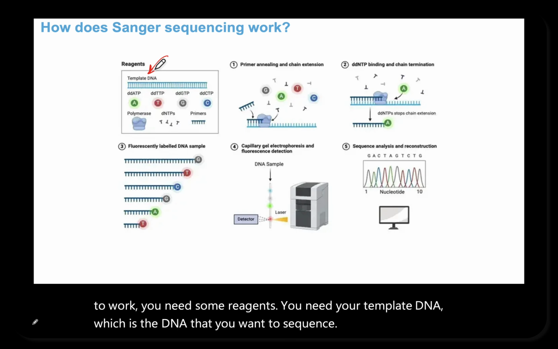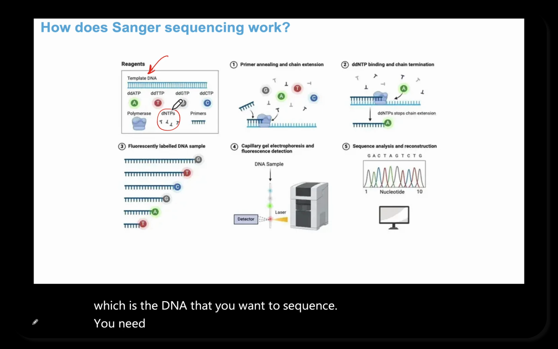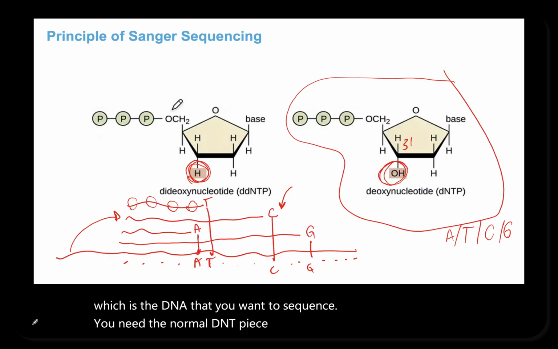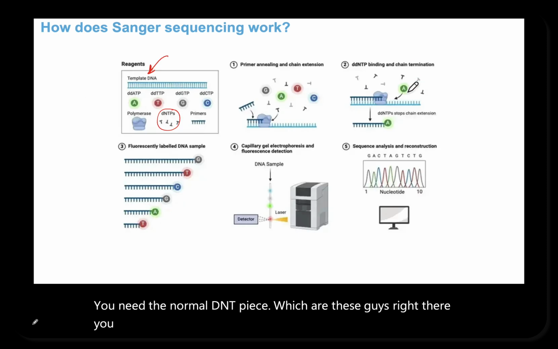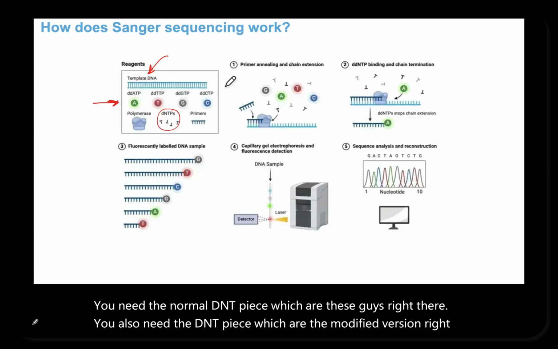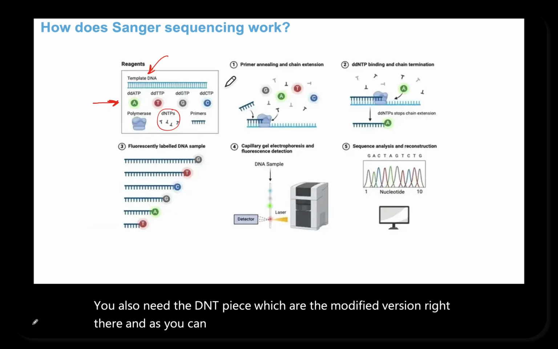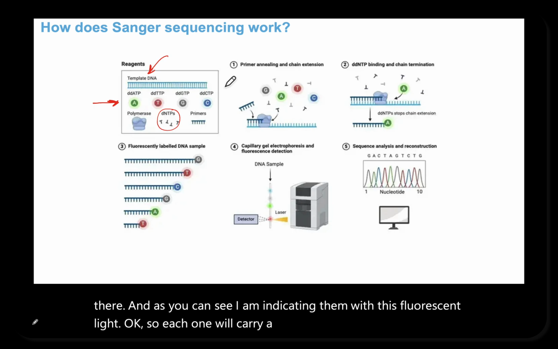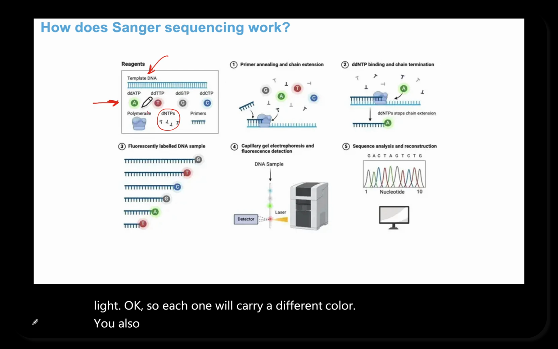You need the normal dNTPs, which are these guys right there. You also need the ddNTPs, which are the modified version right there. And as you can see, I am indicating them with this fluorescent light. Each one will carry a different color. You also need your DNA polymerase and the primers to start the replication.